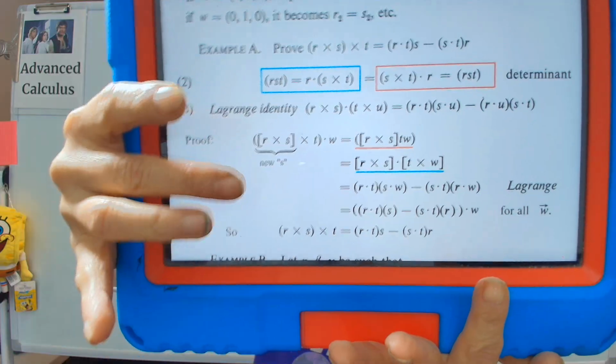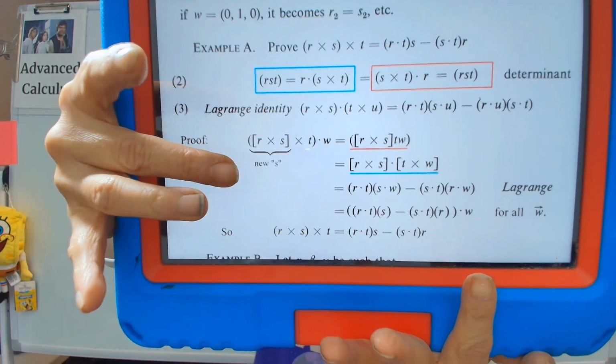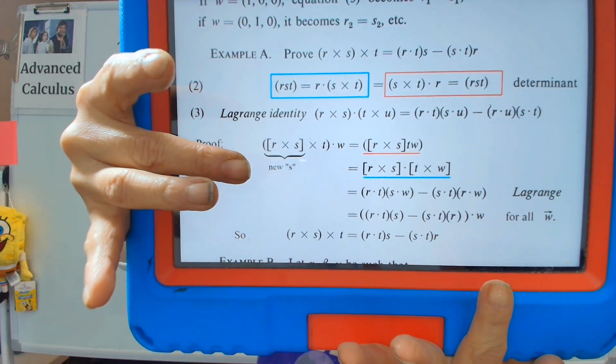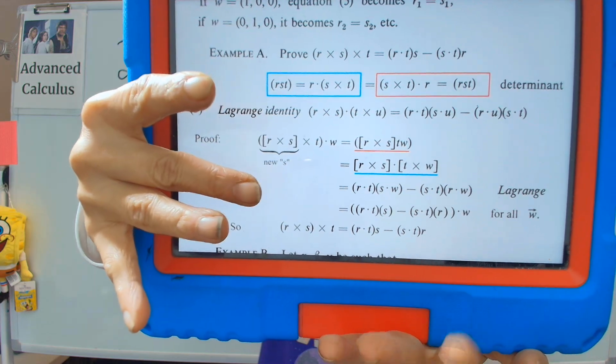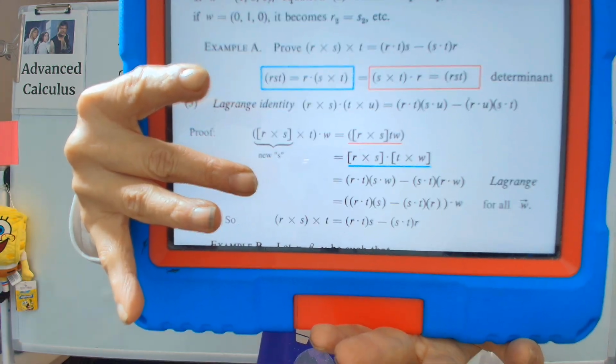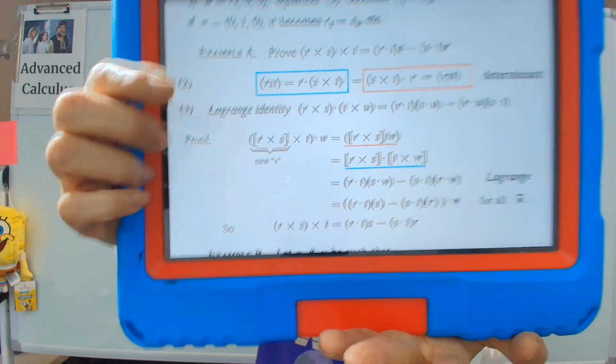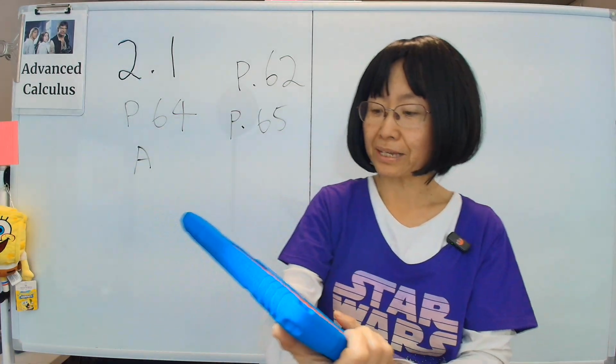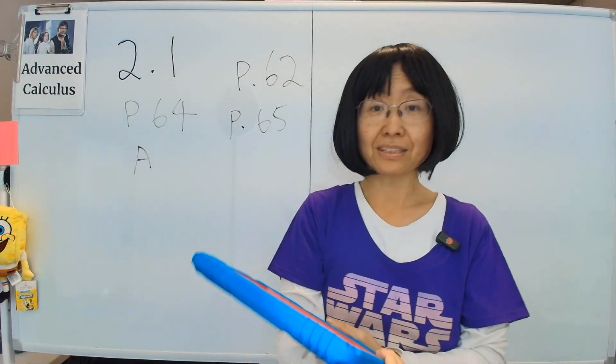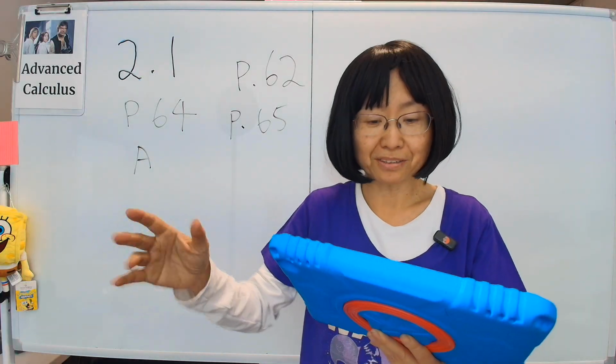So we copy the Lagrange identity word for word down here, and even the variables are the same. Then we're allowed to factor out W because it's a dot product, and in a dot product you're allowed to factor stuff out, because the dot product acts a lot more like multiplication than the cross product. You don't have to worry as much about something going crazy.